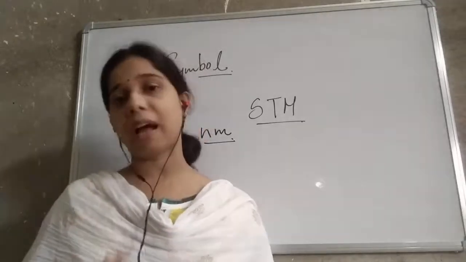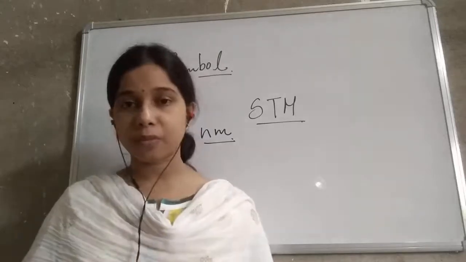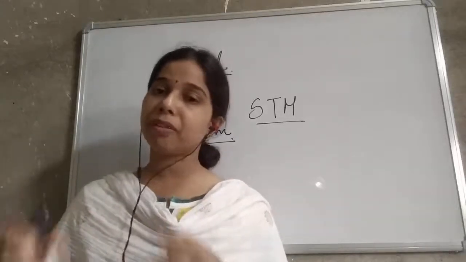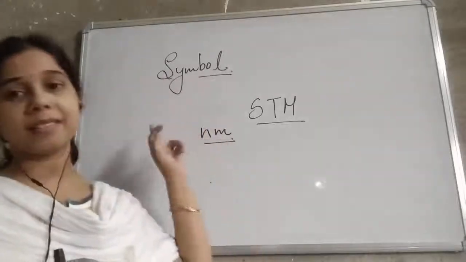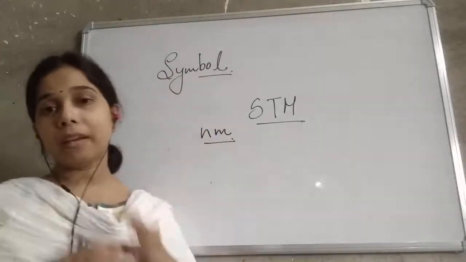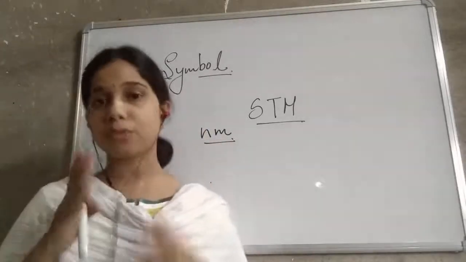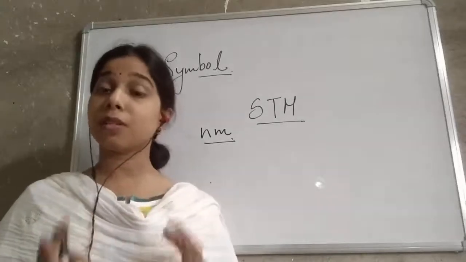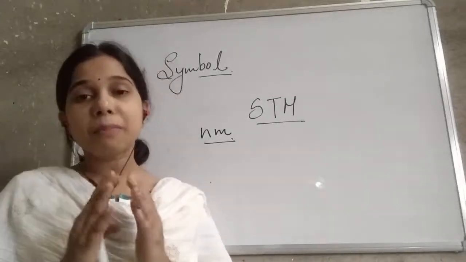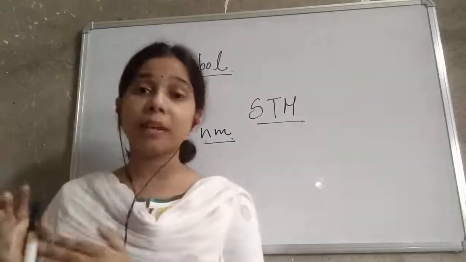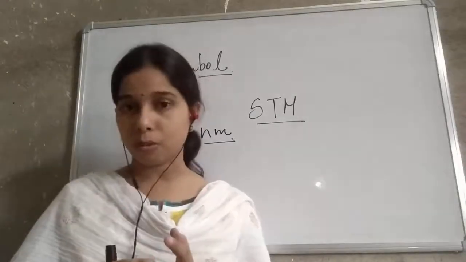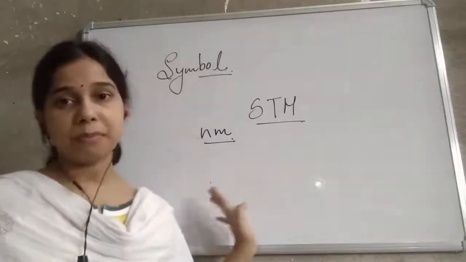There are a lot of elements present in nature, so if we take the symbol of the element instead of the name, it will be very easy for us to recall it, and it will also help us simplify chemical reactions. We can give formulas also with the help of these symbols.